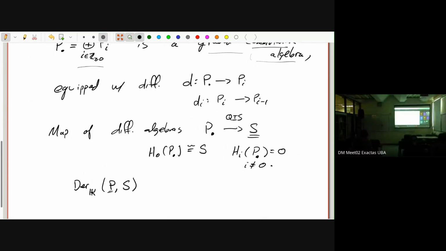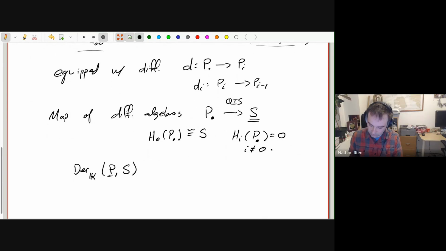Right, and within this space of all derivations, I can look at those derivations that take, say, the degree i piece of P to the degree 0 piece of S, and I'll denote that by Der_i. Okay, and so if I take the direct sum over all of these, let's call this Der dot.